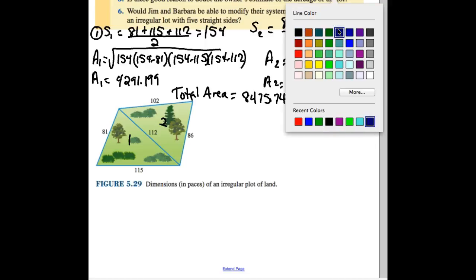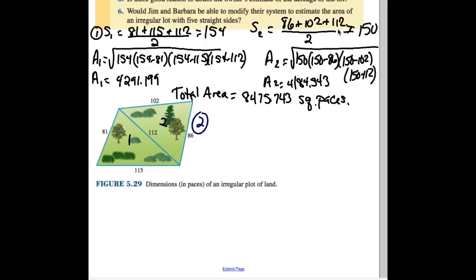All right, so for part 2, we have 8,475.743 square paces. We're going to multiply by a conversion, and we are told that each pace is equivalent to 2.2 feet. But since we have paces squared, we need to square this.